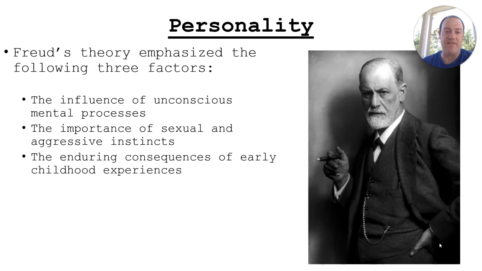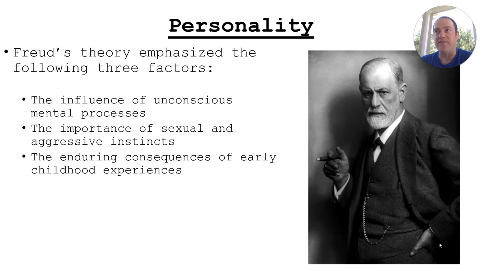So the main 3 things that he said when he came up with his theory of personality, the 3 biggest factors in our personality development, were the way that our unconscious processes influence our thinking, and our sexual and aggressive instincts, whether they are conscious or subconscious.